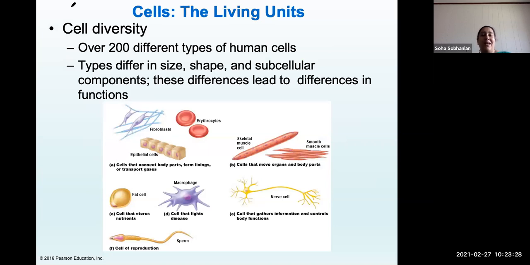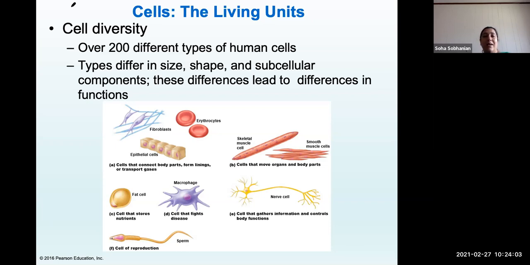So first of all, if you look at the picture that I provided for you guys here, you can see that the cells that we have in our body are pretty diverse. So I gave you some examples like your nerve cells, your sex cells, your immune cells, fat cells, blood cells, muscle cells, etc. You can see they are significantly different when I look at them from outside. But when you look at them from inside, they will contain very specific structures or organelles that are going to be almost identical in all of these cells.